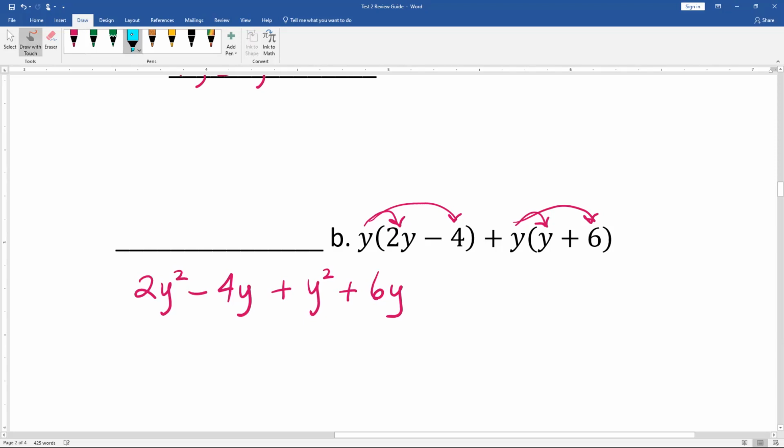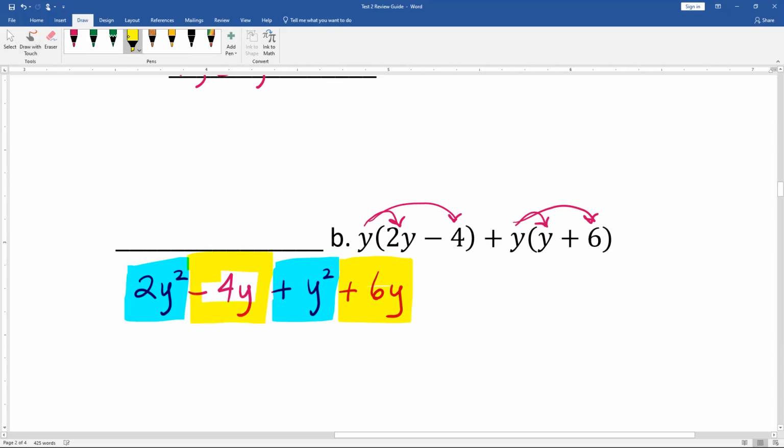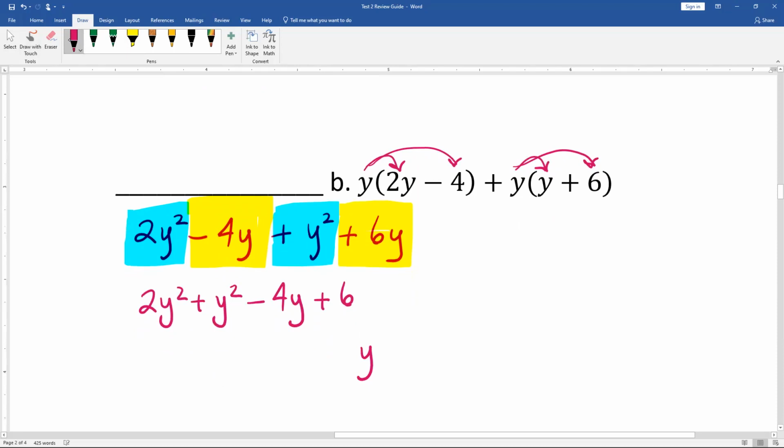Very good. All right, like terms, 2y squared and... write them, right, use your commutative property to write your like terms together.